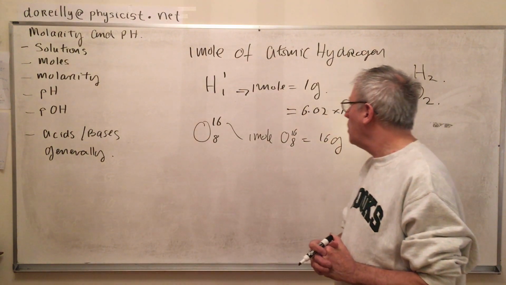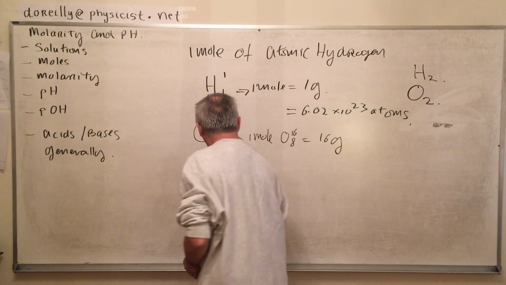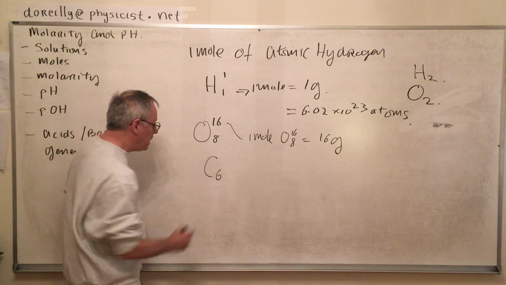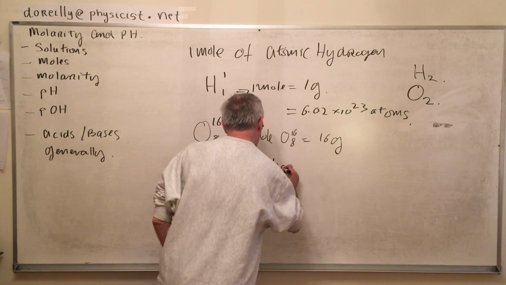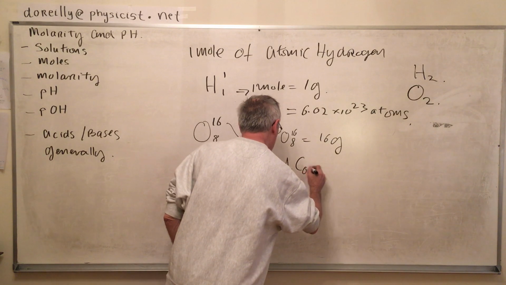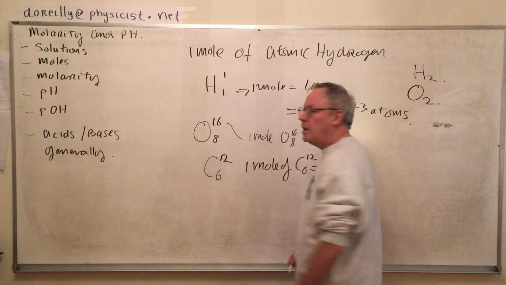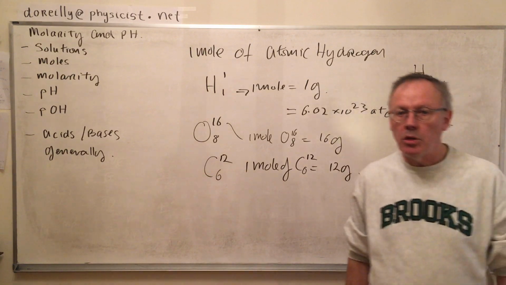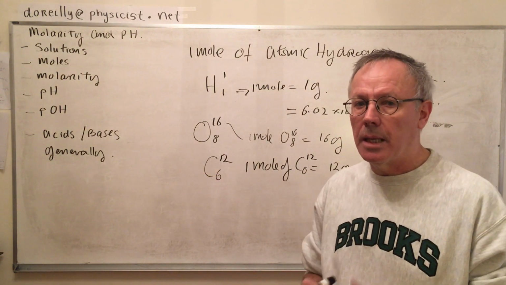Let's do another mole. Carbon. Carbon has atomic number 6, and atomic weight 12. We take it as 12 grams as a mole of carbon atoms. Carbon atoms you don't have to worry about, they do exist as single atoms.